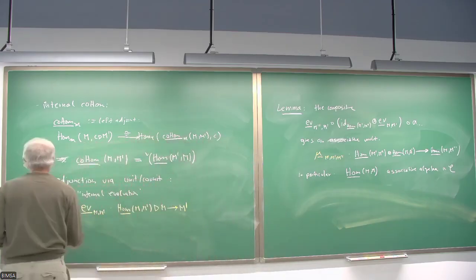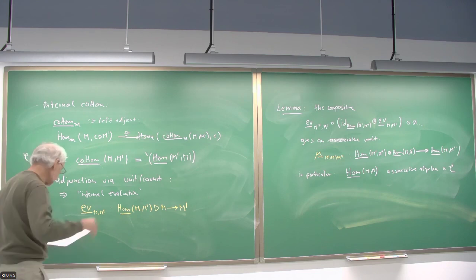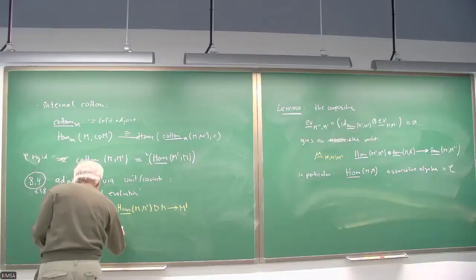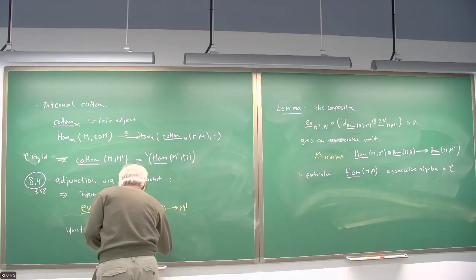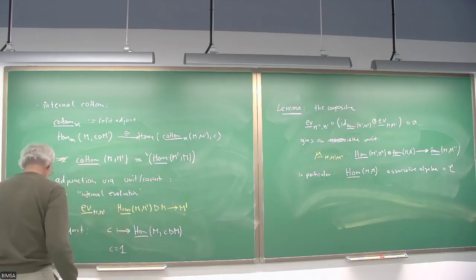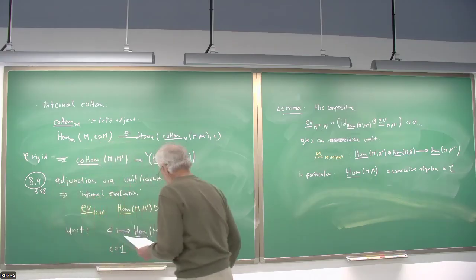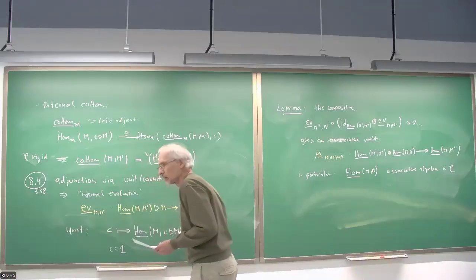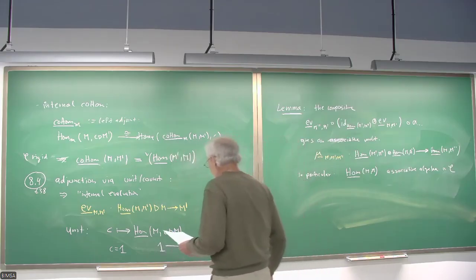Also, we have the unit of the adjunction, which goes from the identity of the other category to G after F, for F left adjoint of G. So this is in our case a family of morphisms from C to the internal Hom of M, and then C acting on M. In particular, if you take C to be the monoidal unit, then we get a morphism from the tensor unit to the internal end of M, and then one acting on M via the unitor will be isomorphic to M itself.